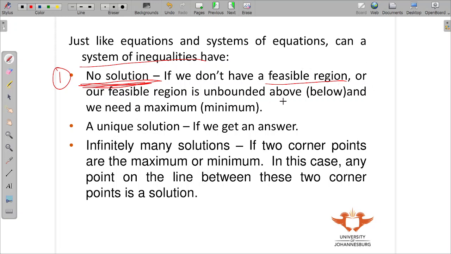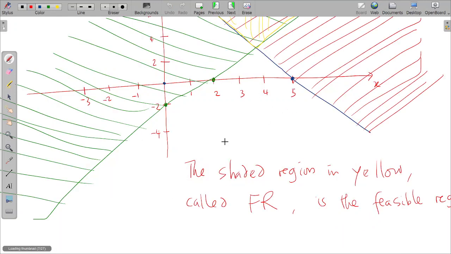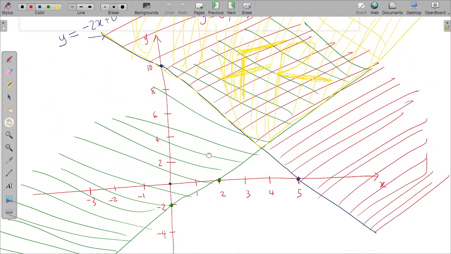Or our region is unbounded above when we need to find a maximum. And if it is unbounded below and we need to find a minimum, then there's no visible answer for that. Okay, like the example we have done now.